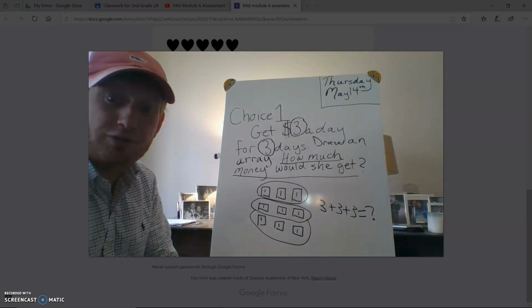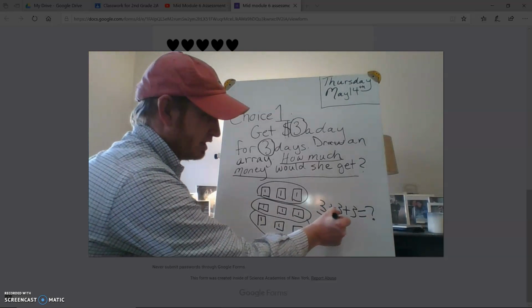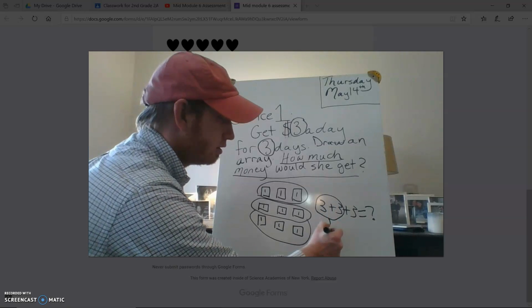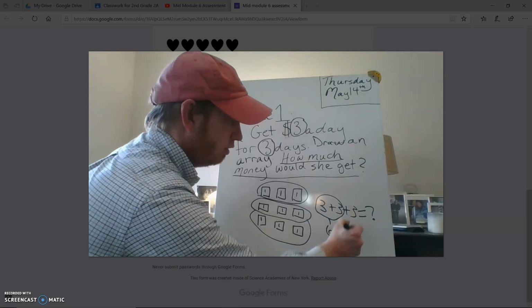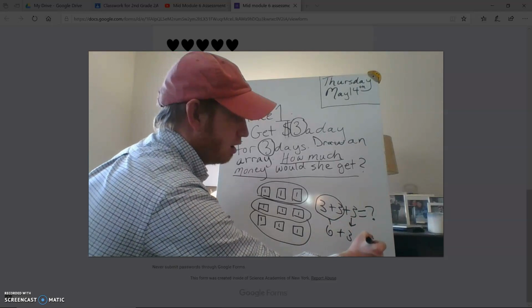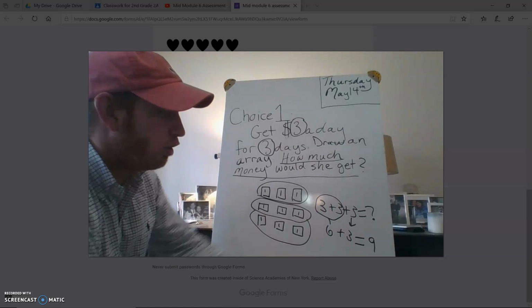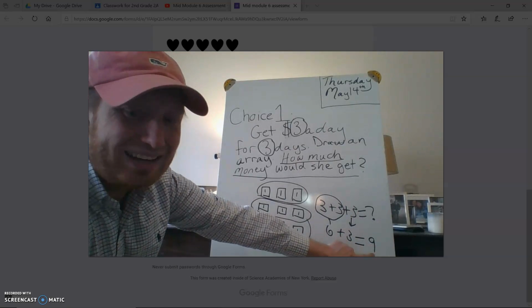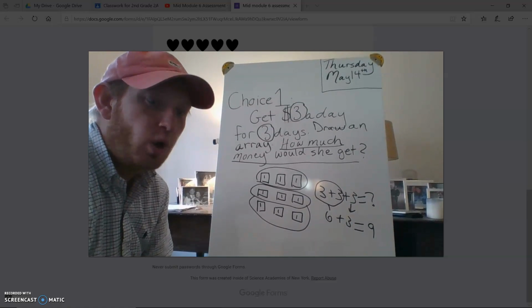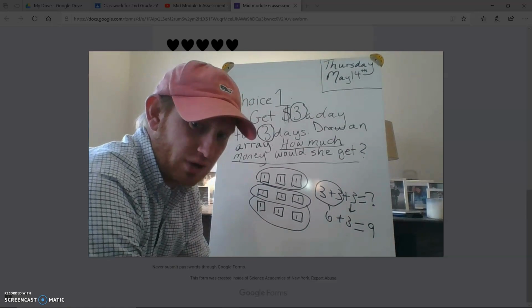And from there, we just have to solve it. I know that 3 and 3 is one of my famous doubles. That makes 6 plus 3 more. 6 plus 3 equals 9. So she's going to make $9. But how would you check this if you wanted to make sure that you got the answer right?